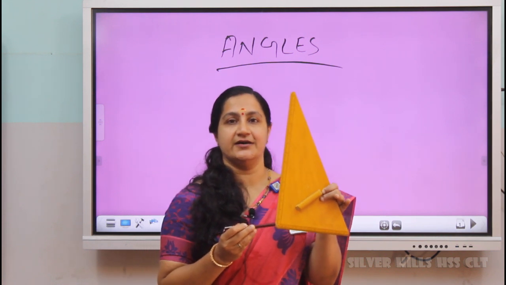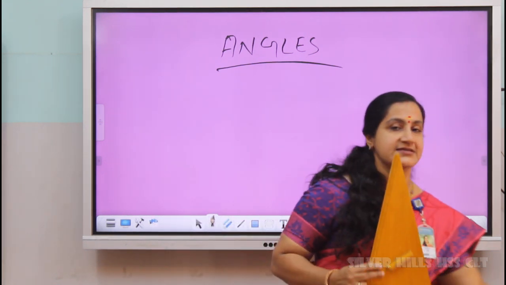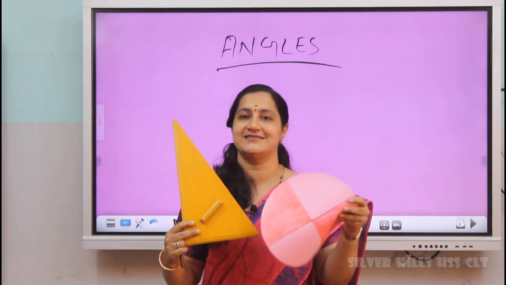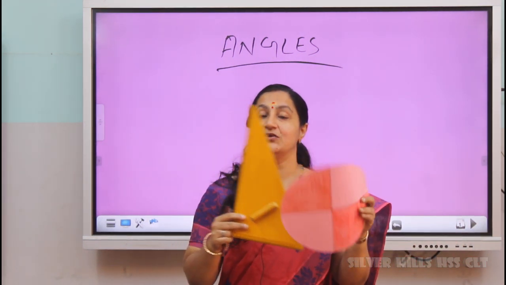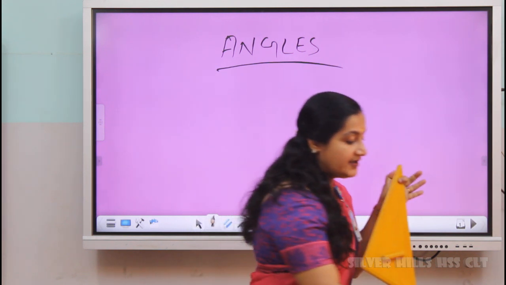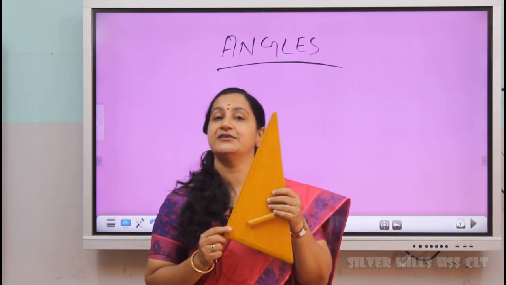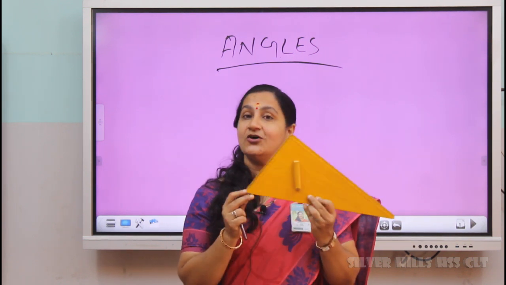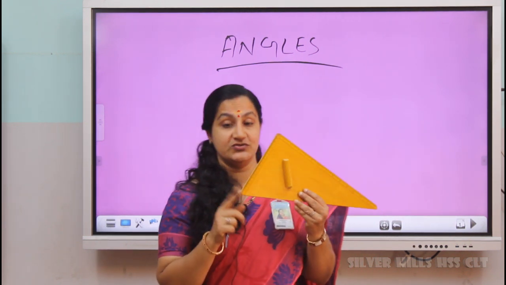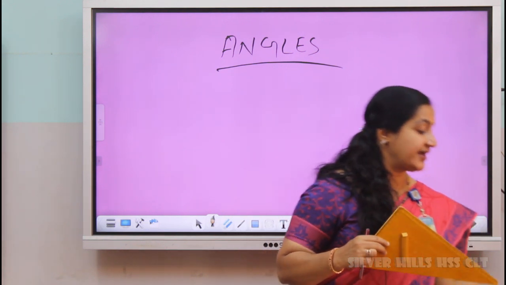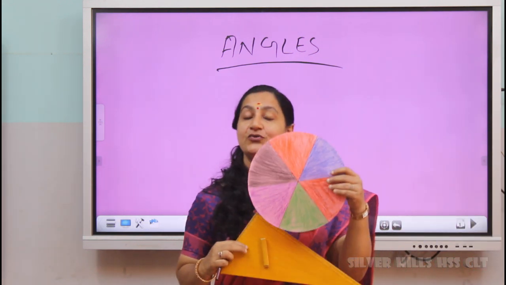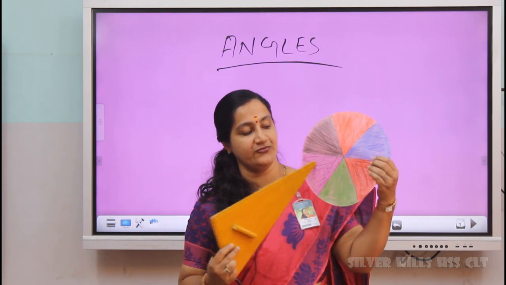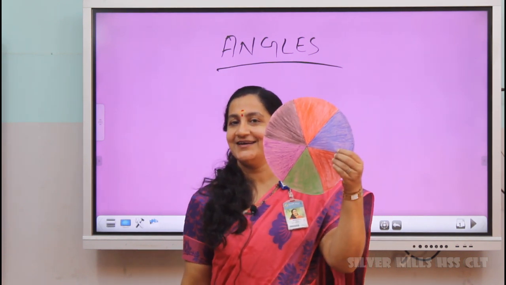With this corner, we can divide the circle into 4 equal parts. What about this corner? Using this corner, we can divide the circle into 6 equal parts. 1, 2, 3, 4, 5, 6.